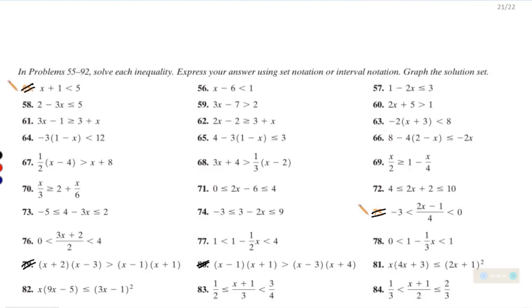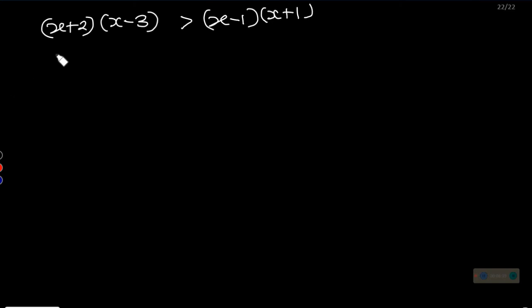So this is what we have in the inequality, guys. So let us solve this together. First thing, we open the brackets.